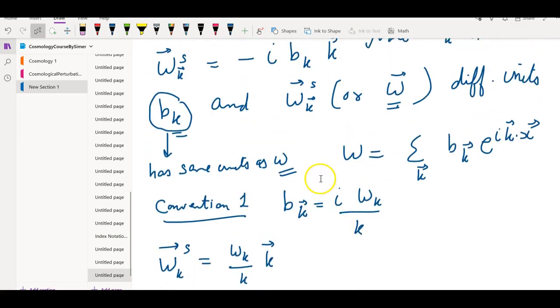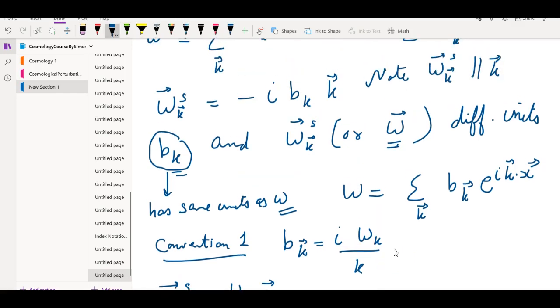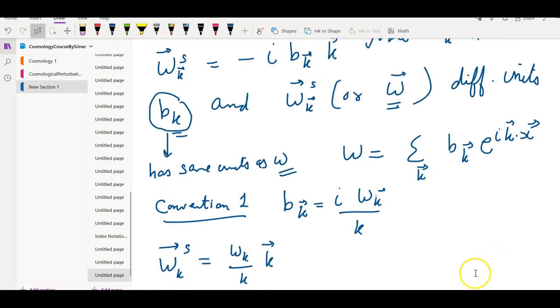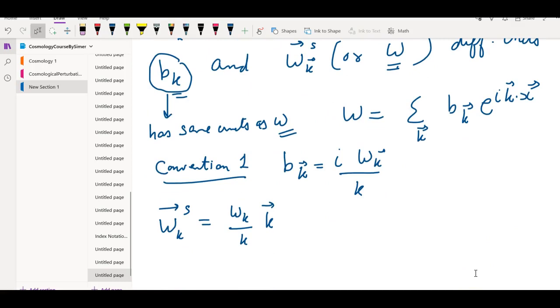So by convention 1, I put BK in terms of WK like this. So when I do that, I get WKS like this. So now you see that WKS and WK have the same units.